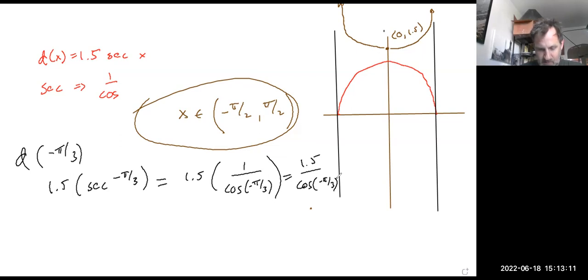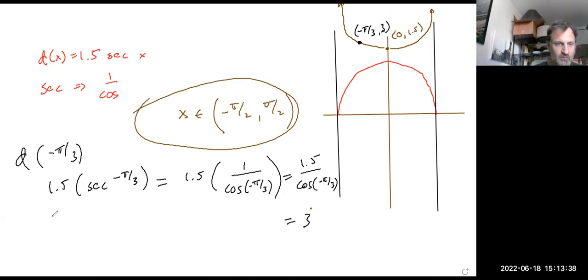Close the parentheses, check the mode. Yep, good. Okay, so I got 3 there, which makes sense because cosine of negative pi thirds is a half. So 1.5 divided by a half is 3. So that's this point over here. Negative pi thirds, comma 3.